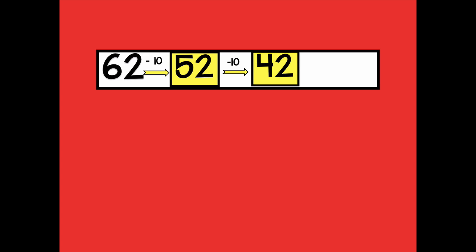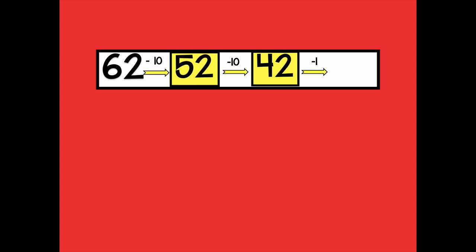All right, let's do one more with the arrow way here. So we're starting with 62. The rule is -10. Yeah, 52. Awesome. All right, next rule is -10 again. 42. All right, -1 this time is the rule.